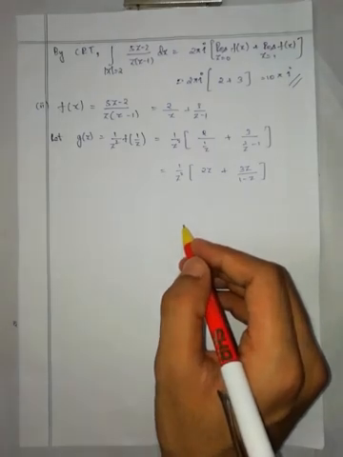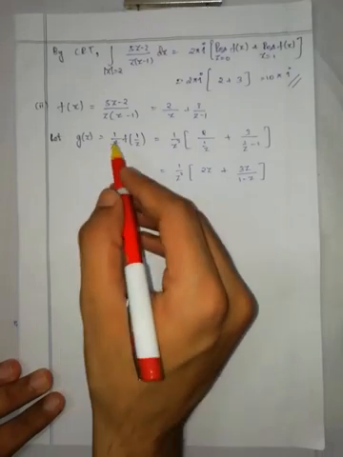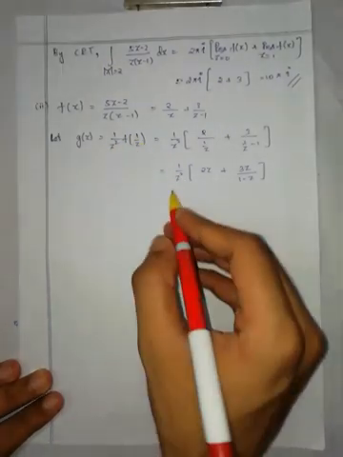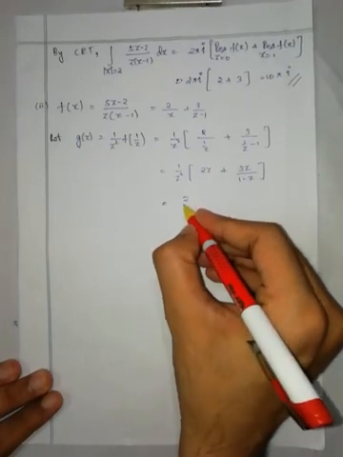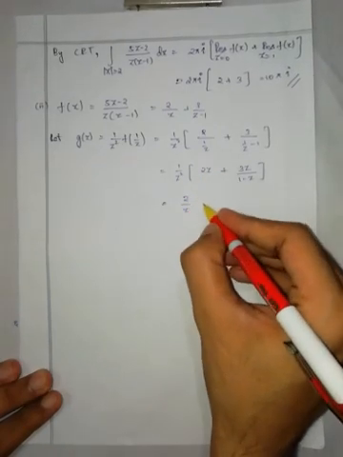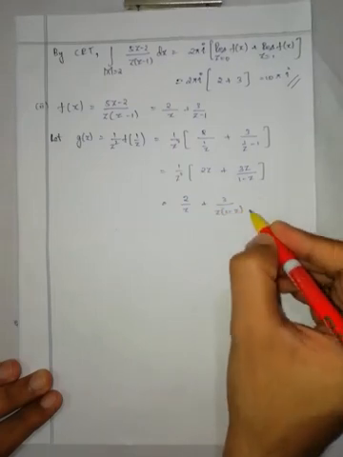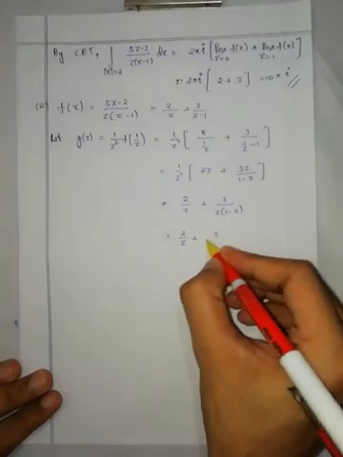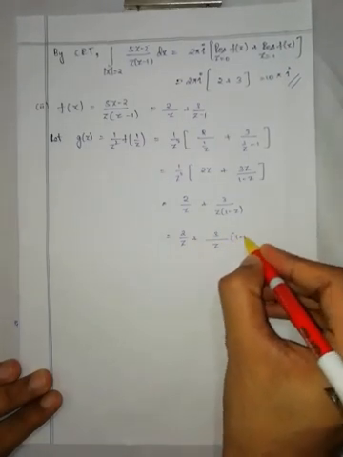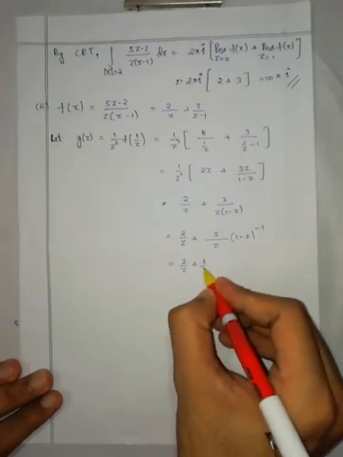Now we have to find the residue at z = 0. So this can be written as 2/z + 3/(z(1 - z)), which is 2/z + (3/z)(1 - z)^-1.